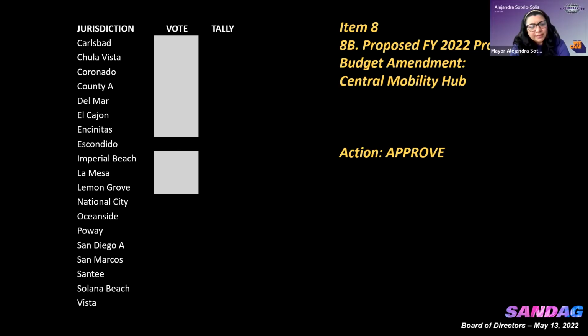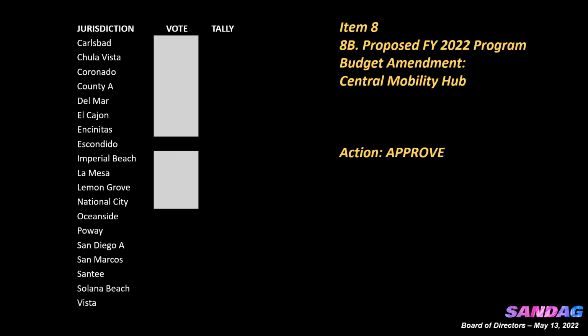For the city of National City, Second Vice Chair Sotelo Solis. Aye. For the city of Oceanside, Councilmember Rodriguez. No. For the city of Poway, Mayor Voss. No, without more clarity. For the city of San Diego, Vice Chair Gloria. Aye. For the city of San Marcos, Mayor Jones. No, too vague.